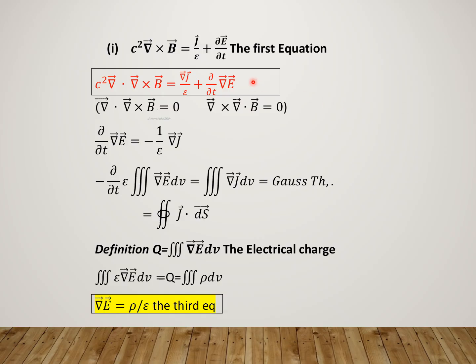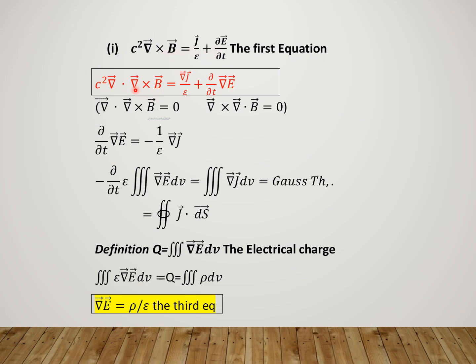In doing this, we start from the first equation with the cross product of del and B, and we take the dot product of this equation, the left hand side and the right hand side.